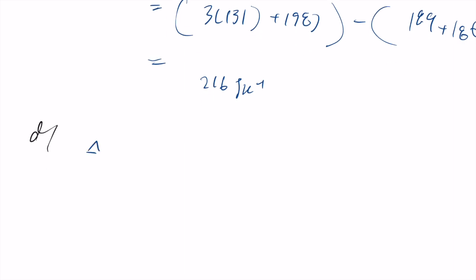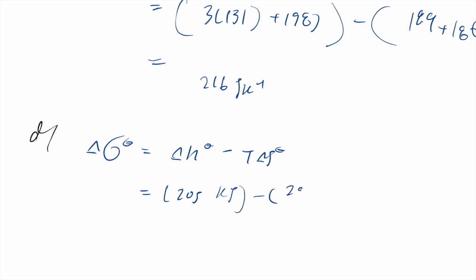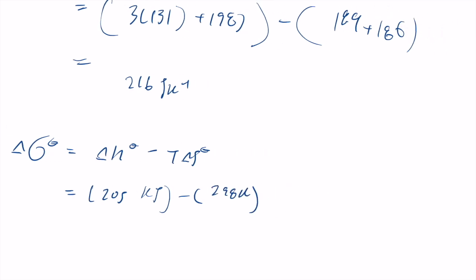I'm pretty sure it says, but if it doesn't, it's this: delta H minus T delta S. We know what delta H is because we calculated it in B2. It's 205 kJ minus our temperature, 298 K, times our entropy, not in J, it has to be in kJ because our delta H is in kJ.